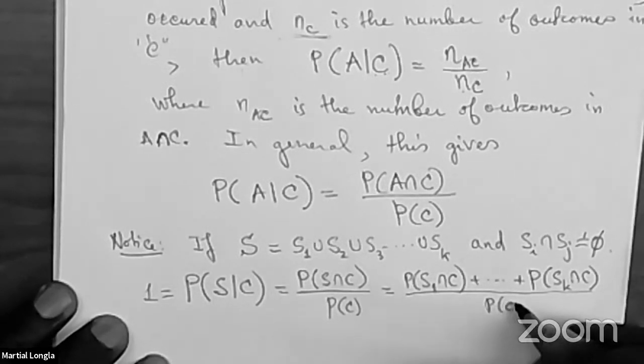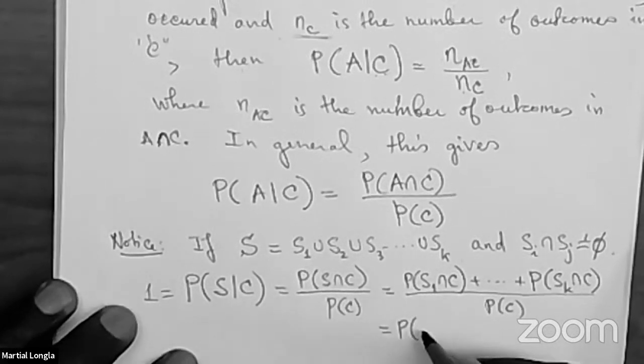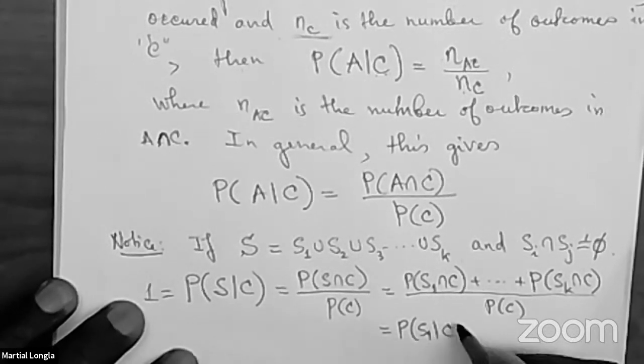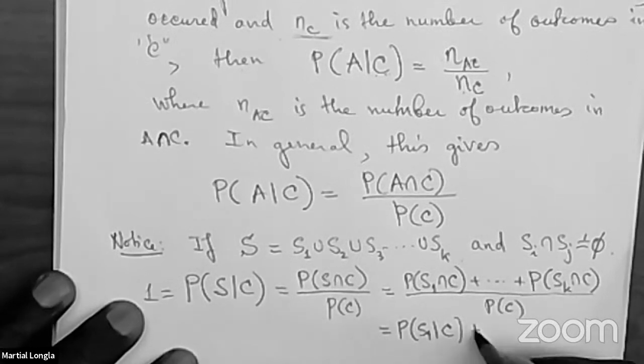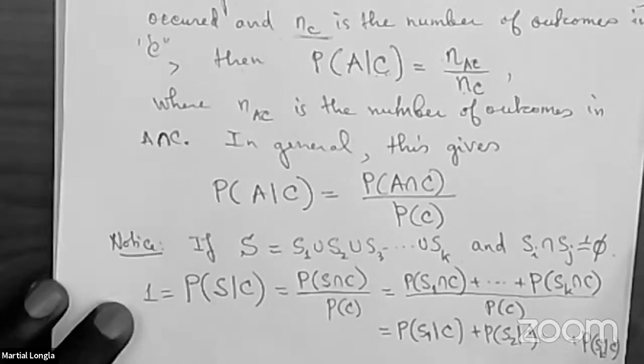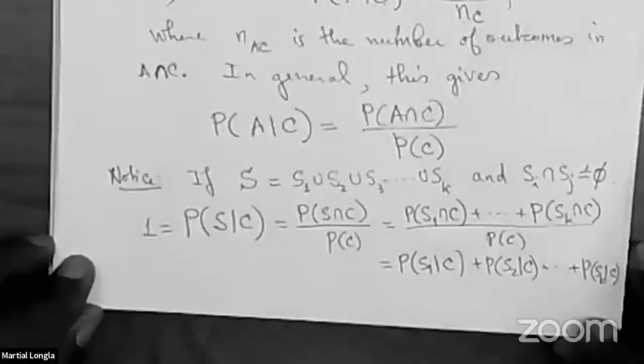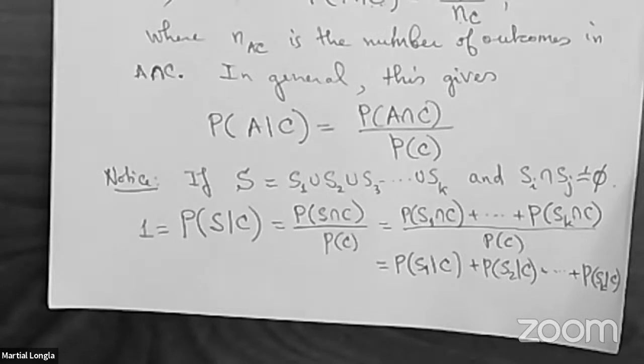Divide by P of C. And notice that this is probability of S1 given C plus probability of S2 given C, and so on, Sk given C. So when you condition on C, all the rules of probability remain true.